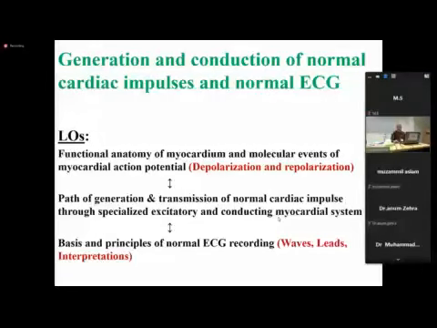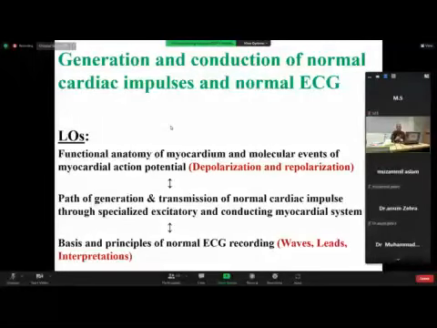I hope everybody has heard and learned till now about the SA node, AV node, etc. These are all called specialized excitatory and conducting myocardium. Why they are called specialized, I'll be talking about in a moment. Then I'll relate the functional anatomy and the normal cardiac rhythm to the basis and principles of normal ECG recording, including the description of its waves, leads, and interpretation. And after this, I'll be referring to the cardiac cycle in my next lecture today.